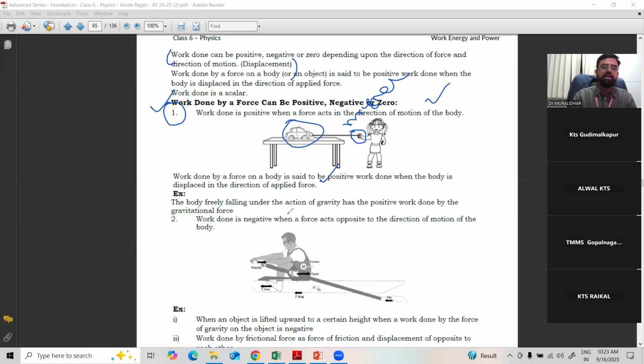A body falling freely under gravity, just a pen, right? Gravity has positive work done by gravitational force. When you are dropping the body like this, it is moving towards the gravitational force and falling on the ground. Gravitational force is applied in the downward direction, the body also moves in the downward direction. So it is a positive work done. Correct? That also comes under positive.